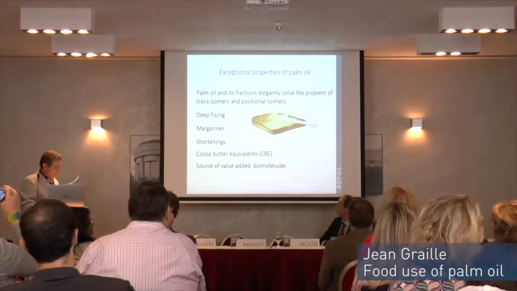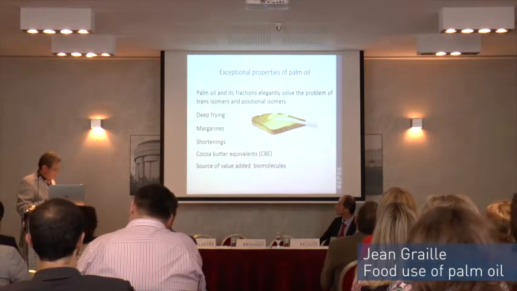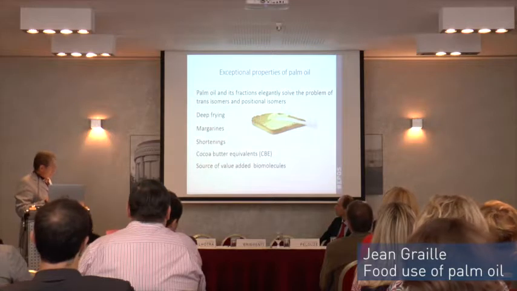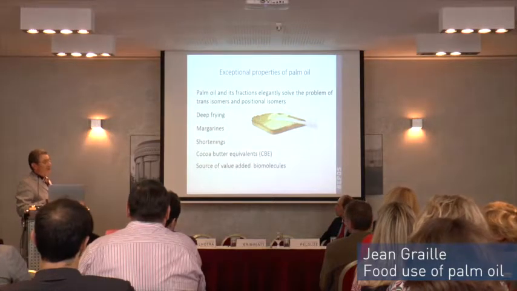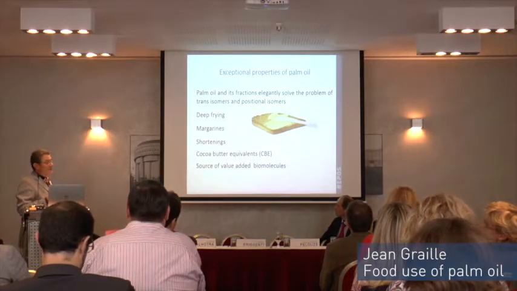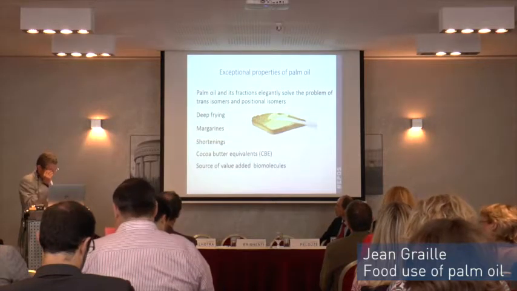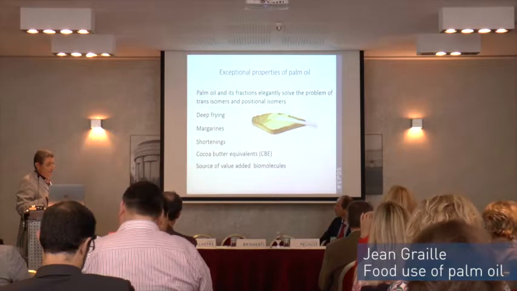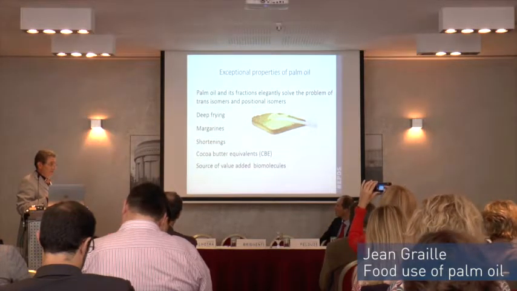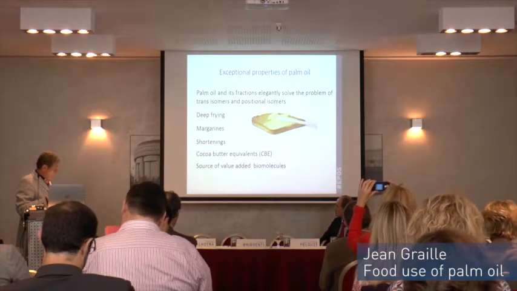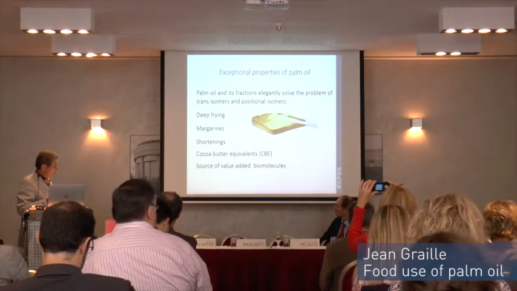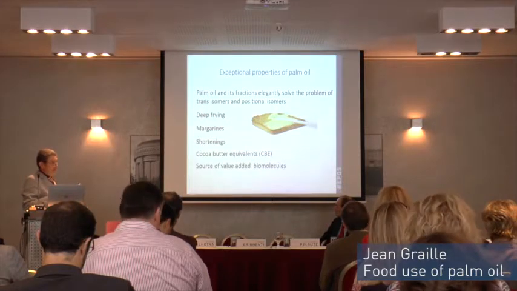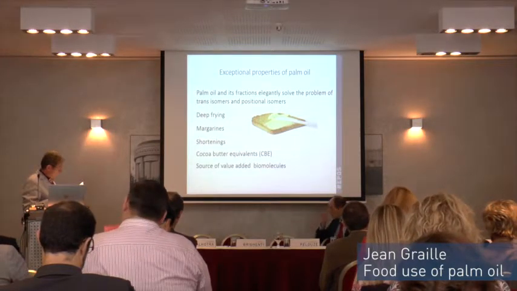That's fine. So palm oil and its fractions elegantly solve the problem of trans isomers and positional isomers. It's very appreciated for deep frying. Why? Because this oil is very stable to oxidation and to heat transformation. It's very appreciated also for margarine because it's very rich in solid fraction.